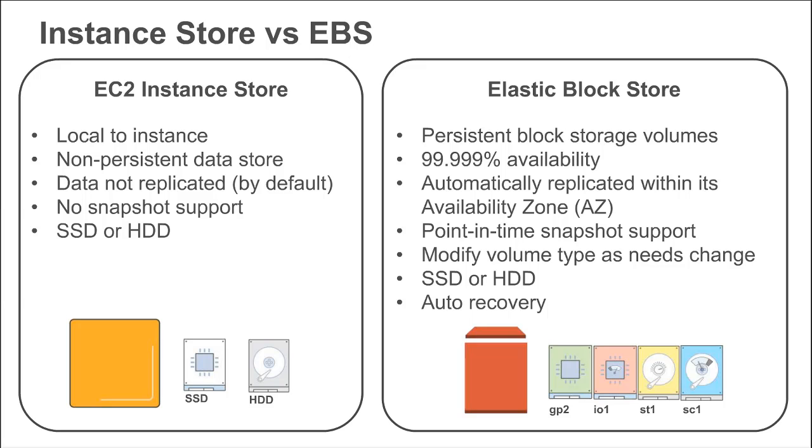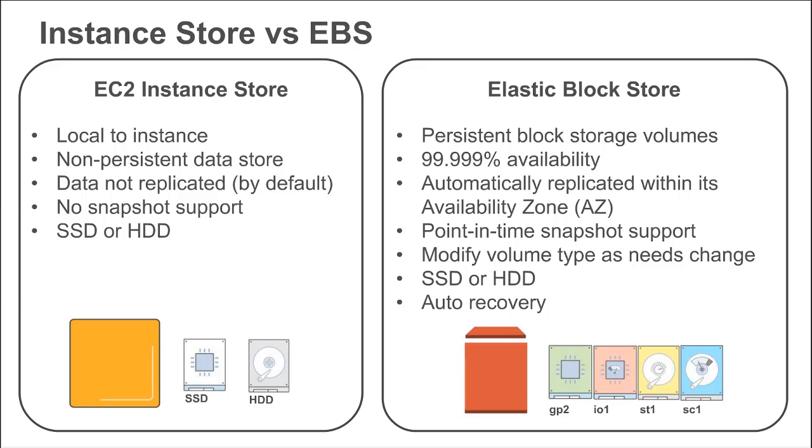There's also no support to snapshot an EC2 instance store volume, so you would have to implement your own mechanism to back up data stored on an instance store volume. But Amazon Elastic Block Store, or EBS, provides persistent block storage volumes to EC2 instances.